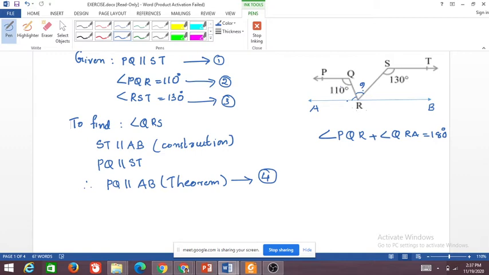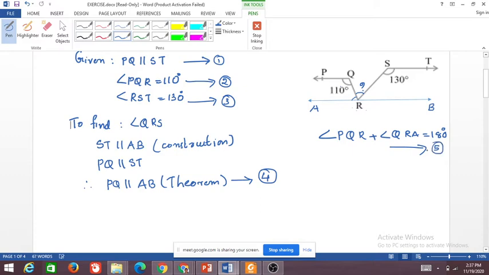So let me continue. Since PQ and AB are parallel, and these two angles, angle PQR and angle QRA, are interior angles on the same side of the transversal, by the theorem which states that if a transversal intersects two parallel lines, then the sum of interior angles on the same side of the transversal is 180 degrees, we get this statement. Angle PQR plus angle QRA equal to 180 degrees.